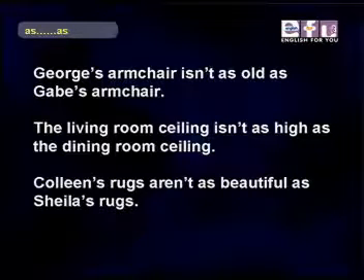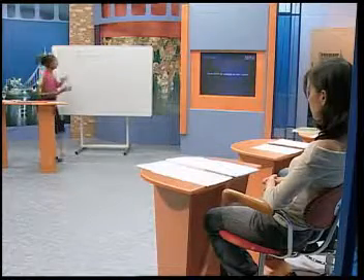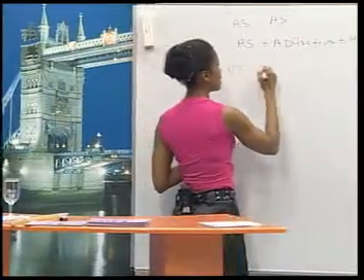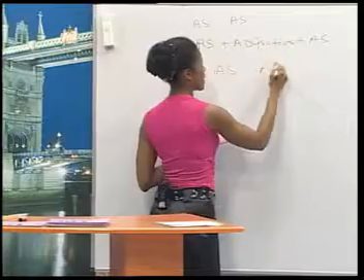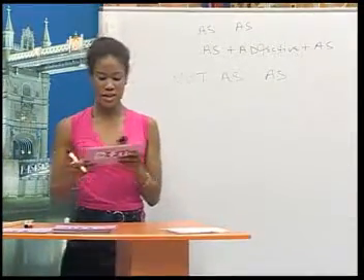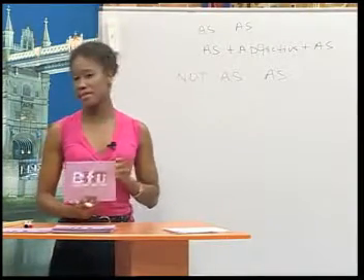Colleen's rugs aren't as beautiful as Sheila's rugs. Next example. Vera isn't as young as her sister. So the negative form of as is not as. It is used to say that two parts of a comparison are not equal.